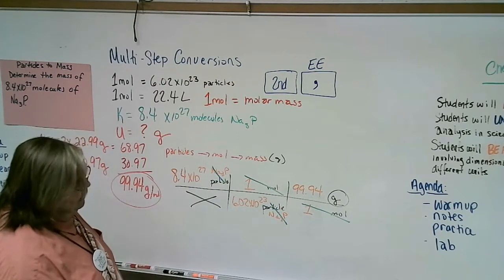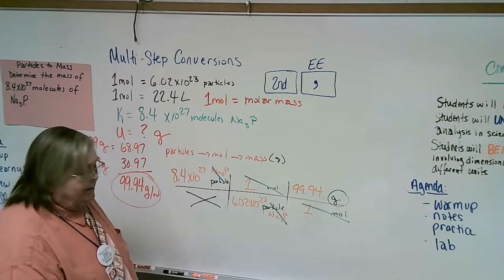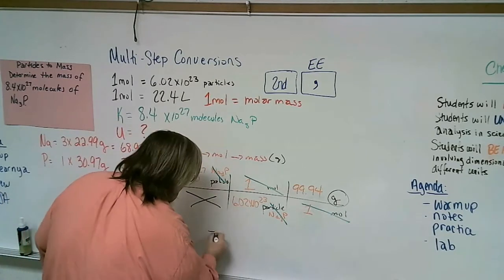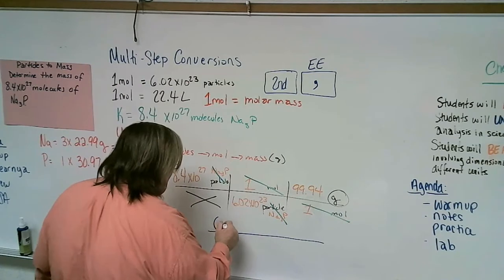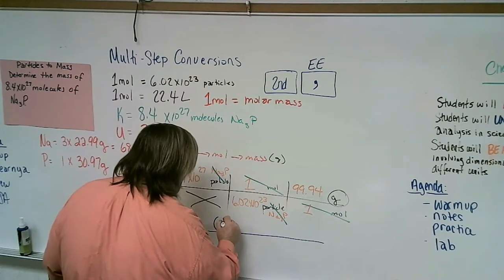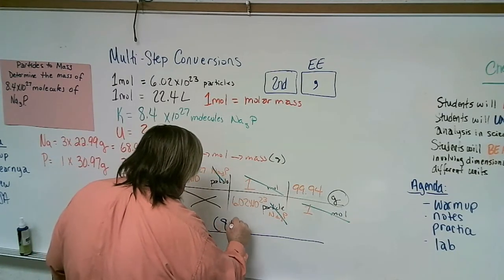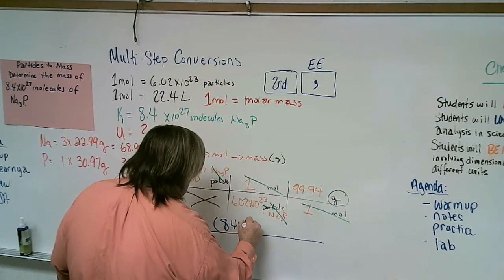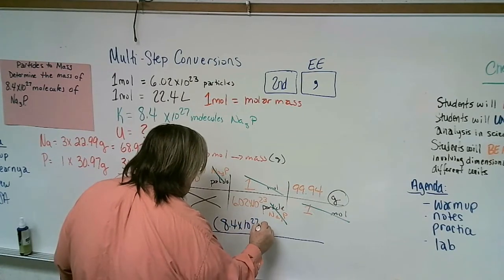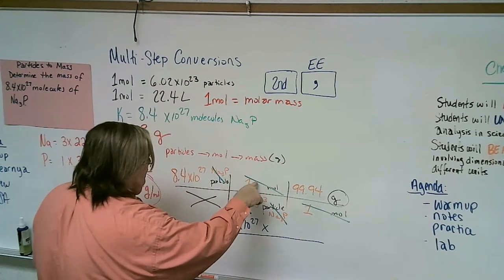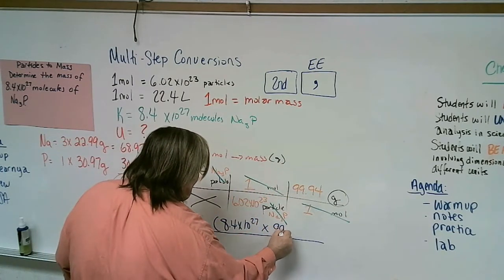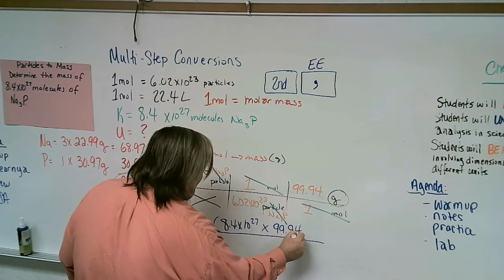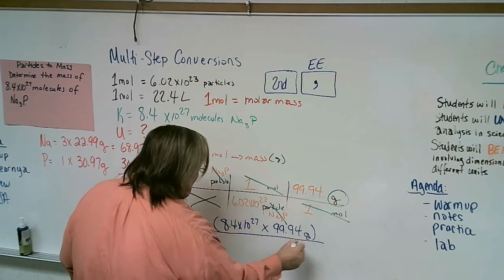Now we can set everything up. This is still a fraction, so let's go ahead and make our bar. Open parentheses, because parentheses make math a lot easier. 8.4 times 10 to the 27 times, there's nothing here, so we don't have to worry about that one, but there is 99.94 grams here.